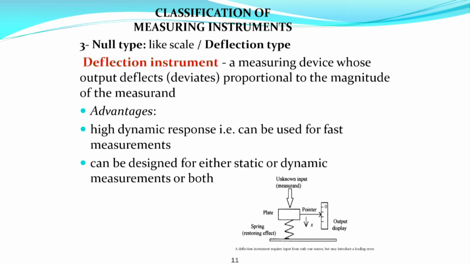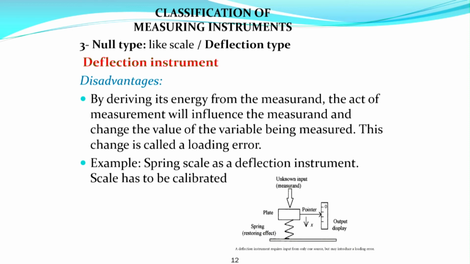Deflection instruments are measuring devices whose output deflection is proportional to the magnitude of the measurement. Advantages: high dynamic response. In other words, they can be used for fast measurements, and can be designed for either static or dynamic measurements, like in this picture.